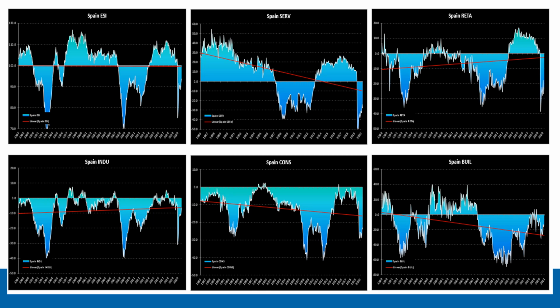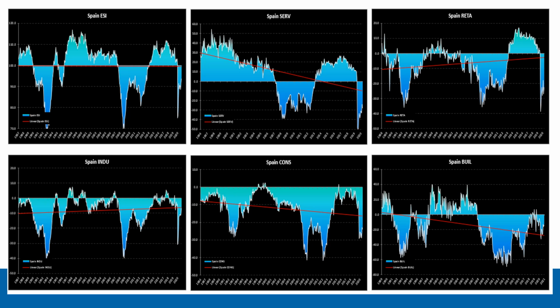Construction, you can see coming out of the global financial crisis. Well, you can see going into it beforehand, actually, there was positive sentiment for a very long period. So from the mid-90s all the way up to the beginning of the global financial crisis, apart from a few negative blips in sentiment in the early 2000s, we had positive sentiment for that whole period.